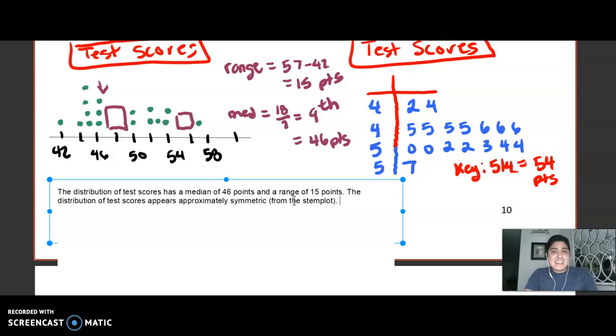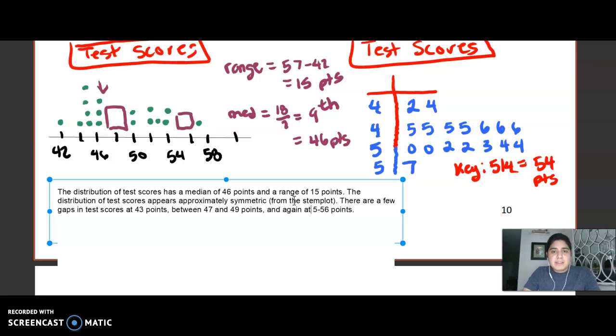And then lastly, anything unusual? Well, there are a few gaps in test scores at 43 points, between 47 and 49 points, and again at 55 through 56 points.